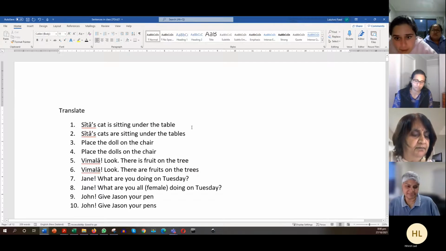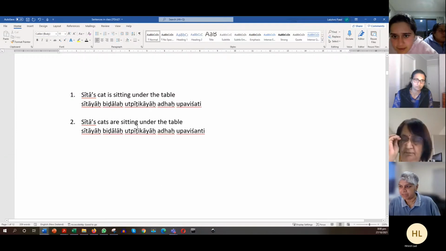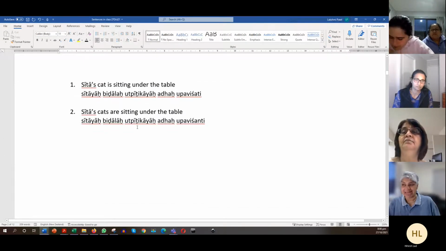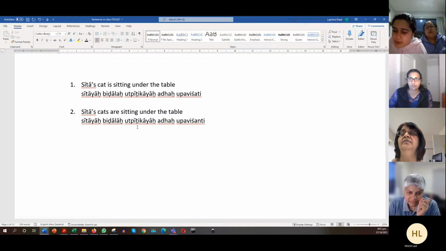Sita's cats. So we have Sita's cat. One cat is sitting under the table. Sitayaha pidalaha utpitikayaha adhaha upavishati. Sitayaha pidalaha utpitikayaha adhaha upavishanti.